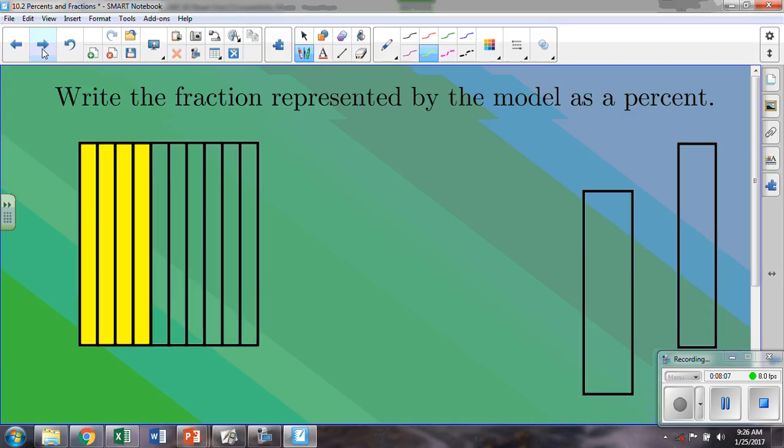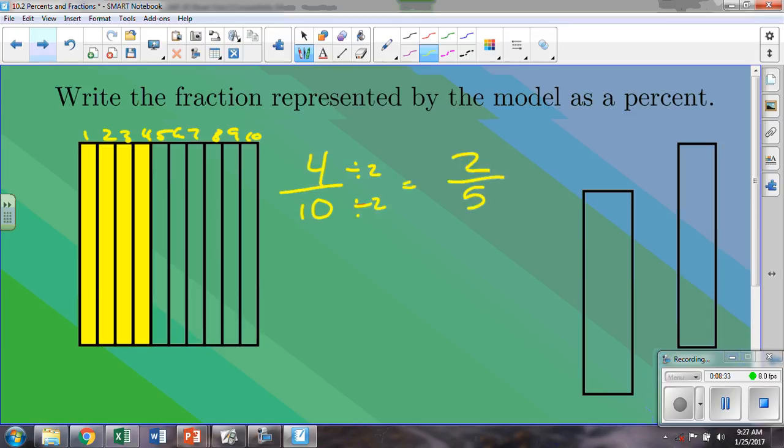What about here? What fraction is this? Okay, well, 1, 2, 3, 4, 5, 6, 7, 8, 9, 10. We've shaded 4 out of 10. And we know that this is a piece that we could simplify.